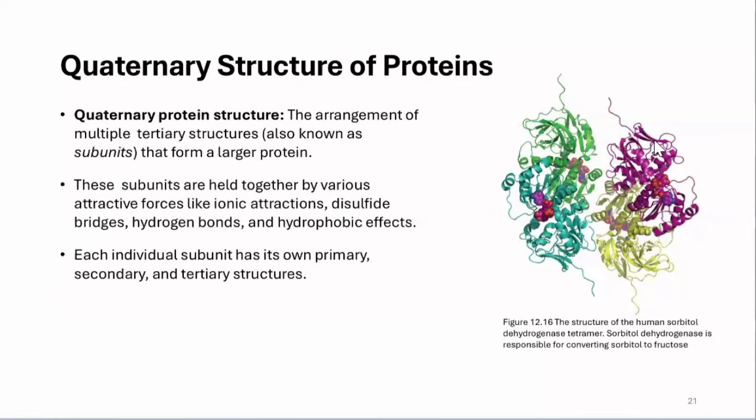We can see its crystal structure, which is a computer generated structure for this protein. In figure 12.16, we can see the four different subunits that make up this protein, color coded. Here is one subunit, here is another, here is another, and this is the last one. So sorbitol dehydrogenase is an example of a molecule that has a quaternary structure.